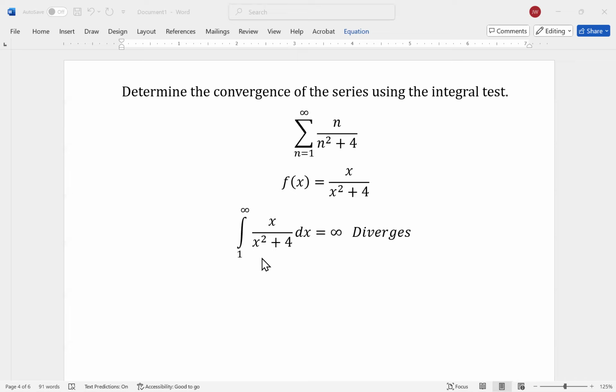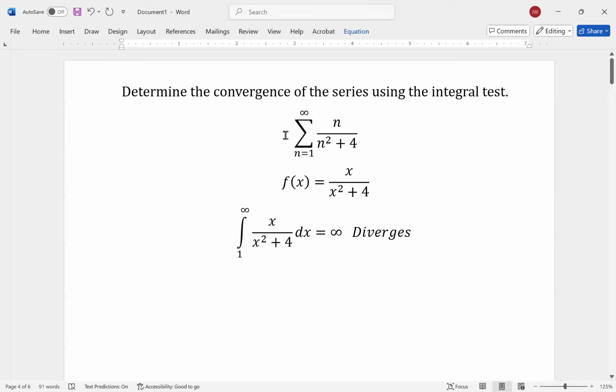And when I did the integration, I had to use a u substitution, but it came out as infinity. And so we knew that this infinite series diverged because the corresponding integral also diverged. But I had to use a substitution to actually figure this out.